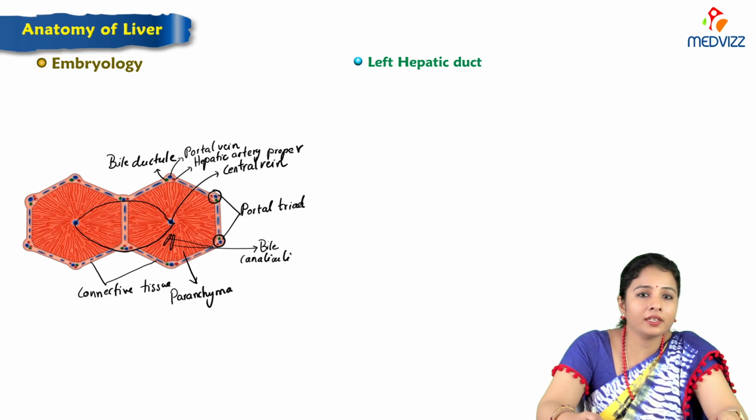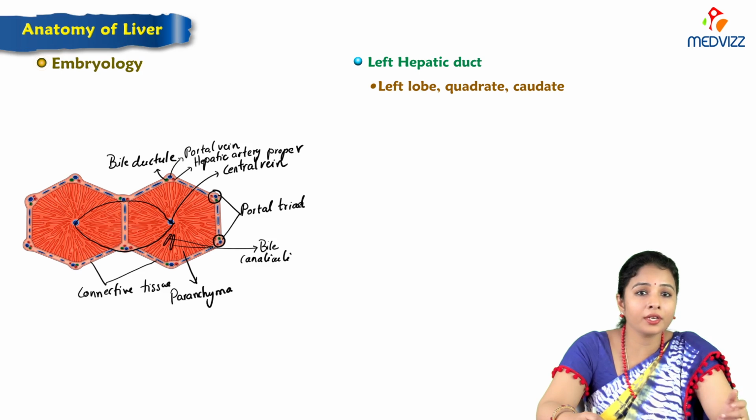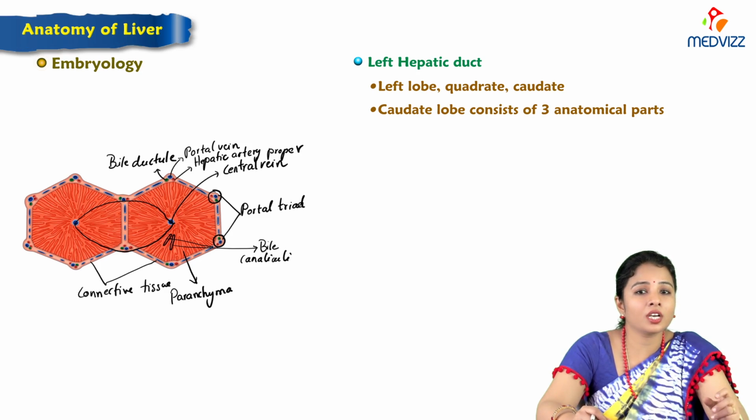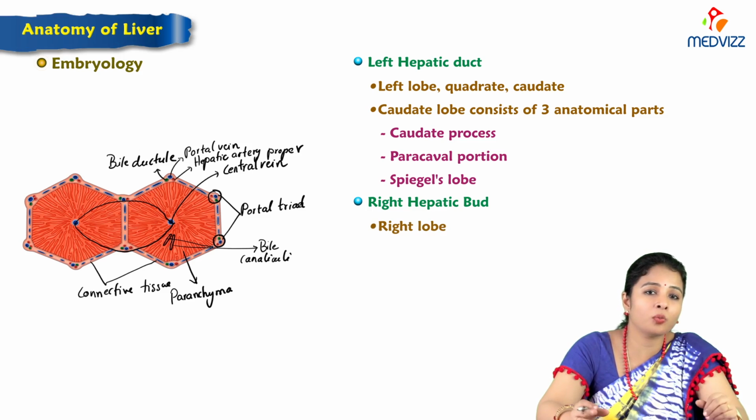Then the left hepatic bud gives rise to the quadrate and caudate lobes. The caudate lobe of the human liver consists of three anatomical structures: the caudate process, paracaval portion, and Spiegel's lobe. The right hepatic bud forms the right lobe of the liver.